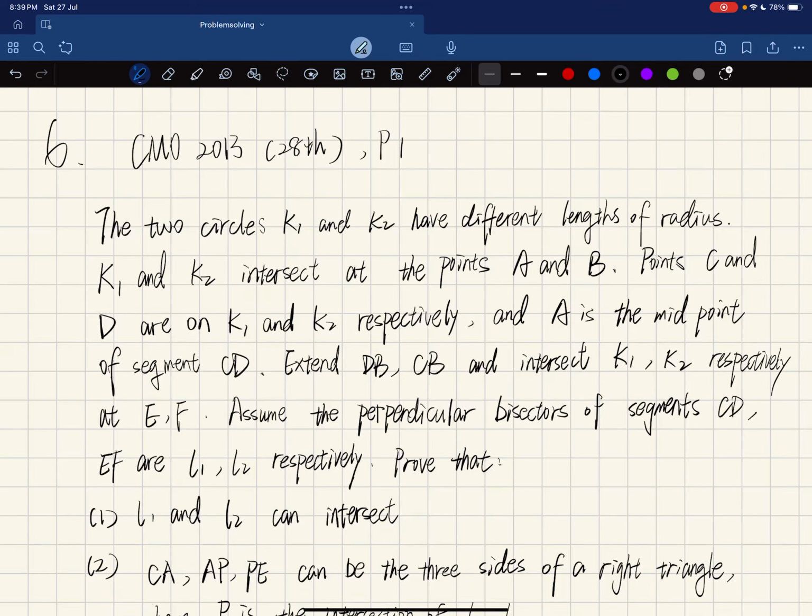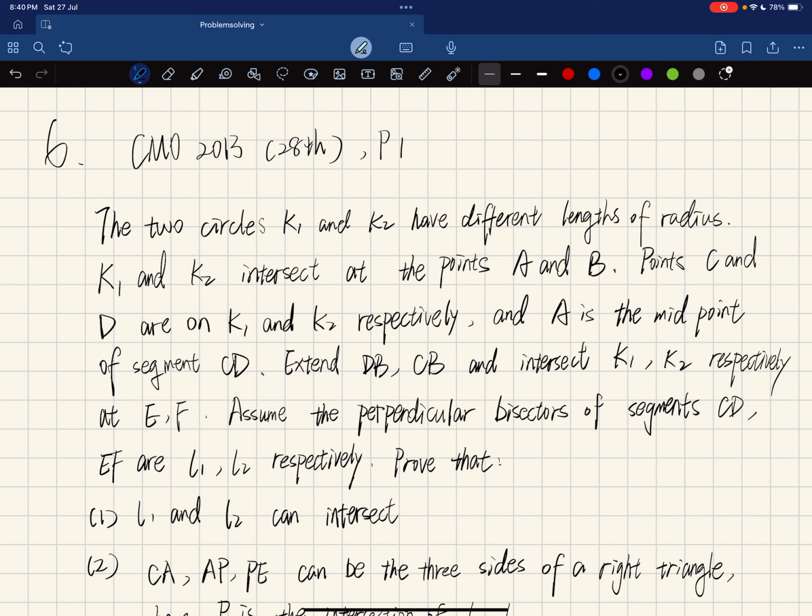Okay, today we are going to solve a geometry problem which appears in the Chinese Mathematical Olympiad in 2013, and it is placed in problem 1.